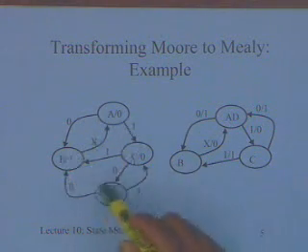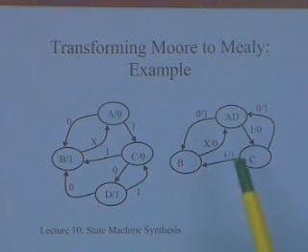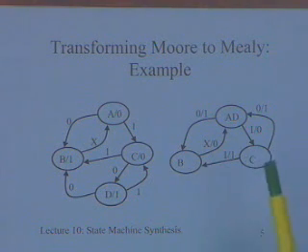Of course, I have to consider all such possibilities where the next states are the same. If you draw the state table, it's easy to judge which states are going to the same next states for the same input, for all input combinations.